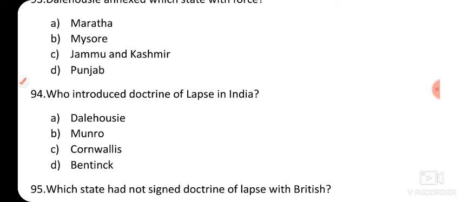That cannot be possible under the doctrine of lapse. He has to transfer his territory to the British if he does not have any legal heir. So this policy was by Dalhousie. According to this policy, various states signed this doctrine with the East India Company, but Punjab was annexed forcefully.